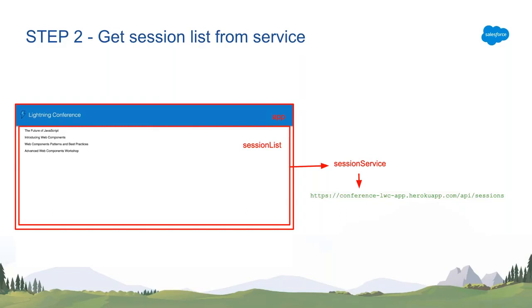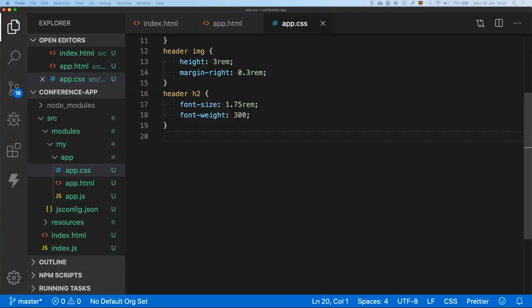So what we are going to do now is first we are going to create a session service component, and as this is going to be just a data component, instead of storing that new component into the My folder, I'm going to create a new folder.